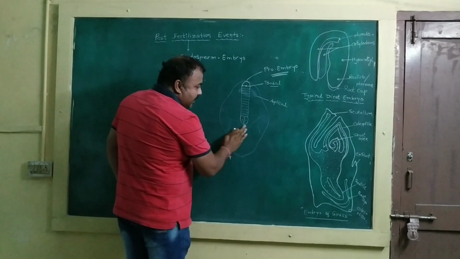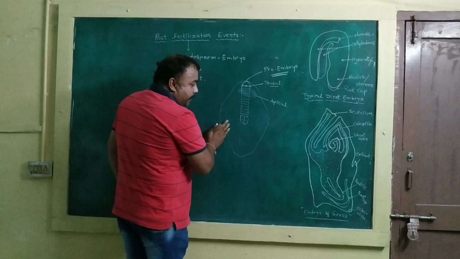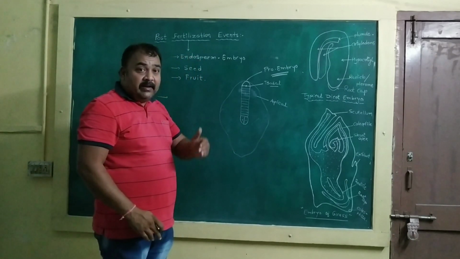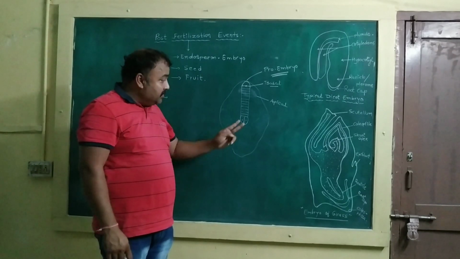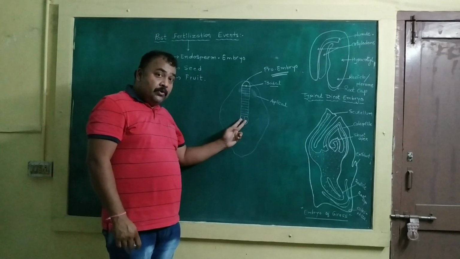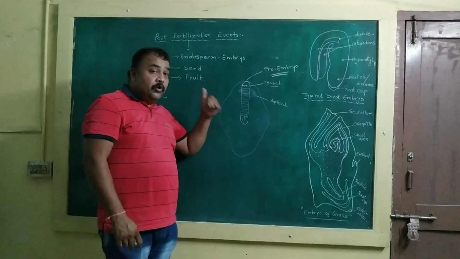Now 2 apical cells will undergo a longitudinal division. So 4 apical cells are produced, 2 on the front side and 2 on the back side.